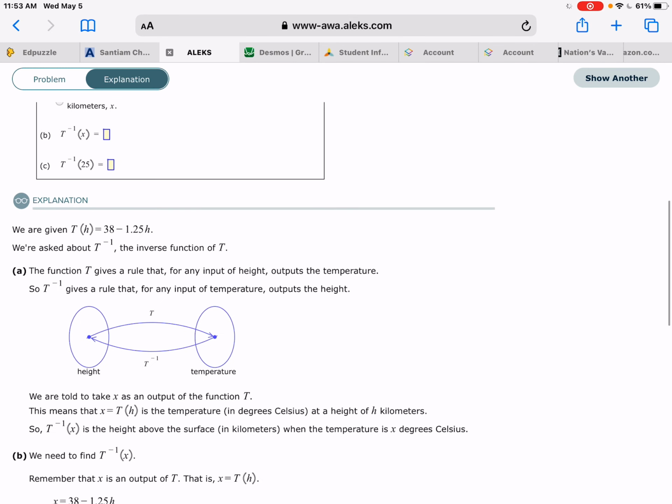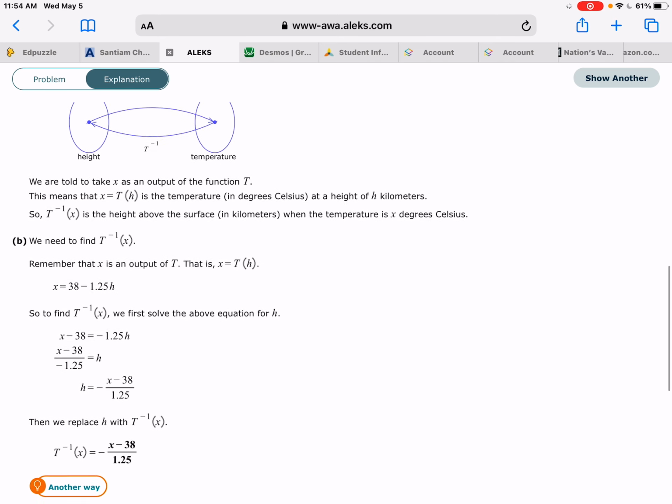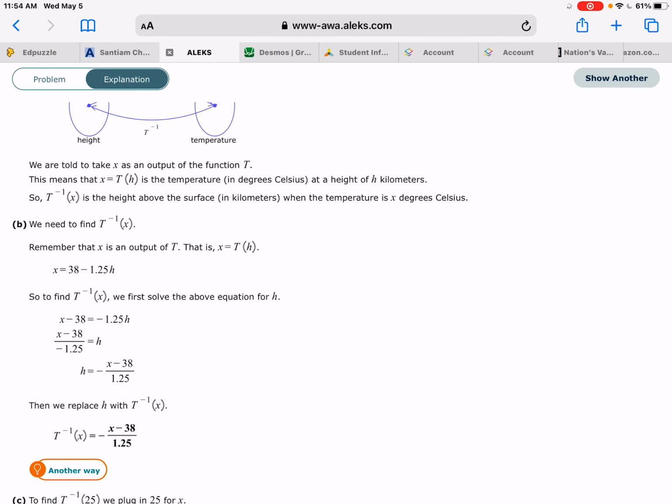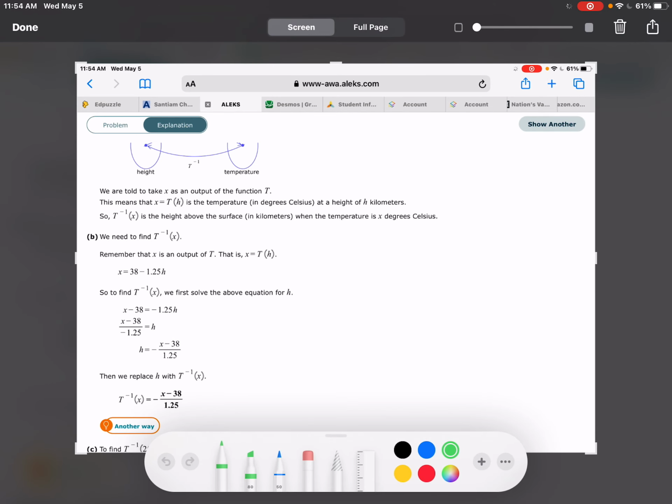They have an explanation here. It's good. Right there is the answer that we wrote on ours. And then right here is how they rearrange this so that there's not a minus.